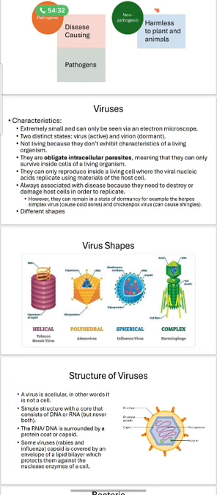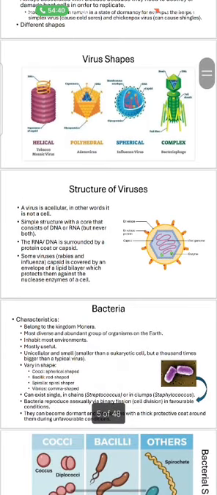A simple structure with a core that consists of DNA or RNA, but never both. The RNA or DNA is surrounded by a protein coat or capsid. Some viruses, such as rabies and influenza, have a capsid covered by an envelope of a lipid bilayer, which protects them against the nuclease enzymes of a cell.